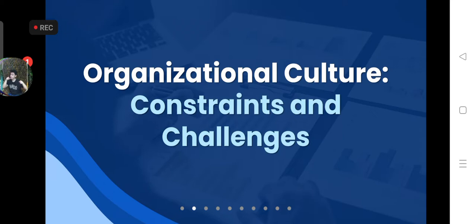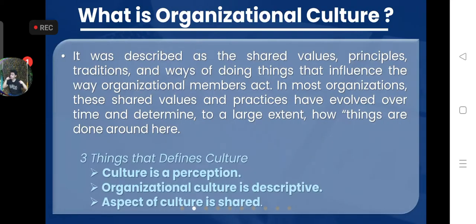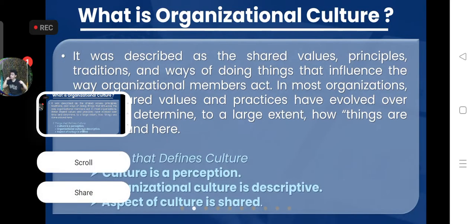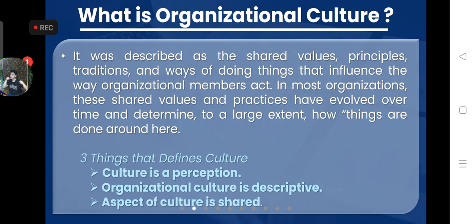So next slide, please. Now, what is organizational culture? Organizational culture has been described as the shared values, principles, traditions, and ways of doing things that influence the way organizational members act.